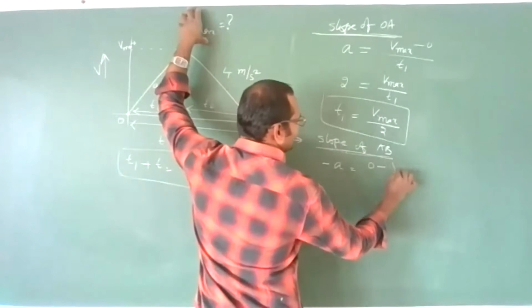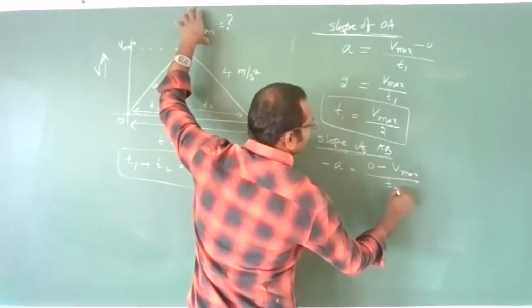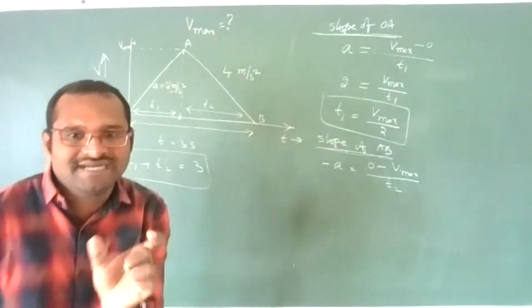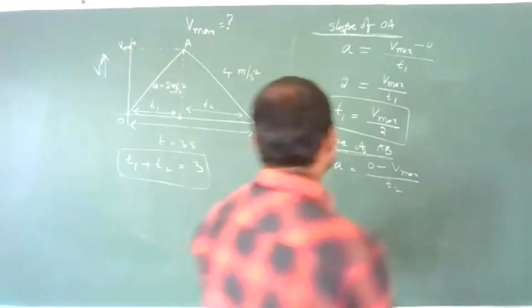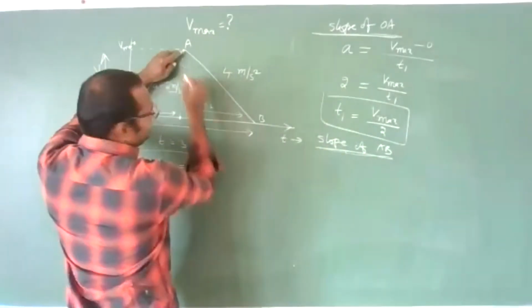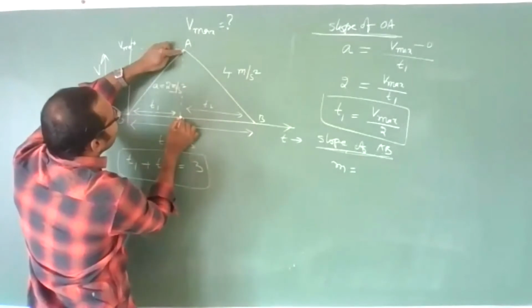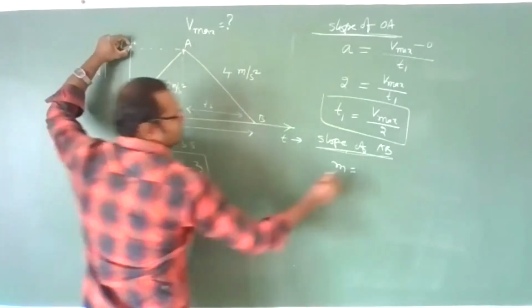So 0 minus V max upon time t2. Did you understand what I am saying? Otherwise simply find the slope. Slope m is equal to, vertically how much is it? V max.